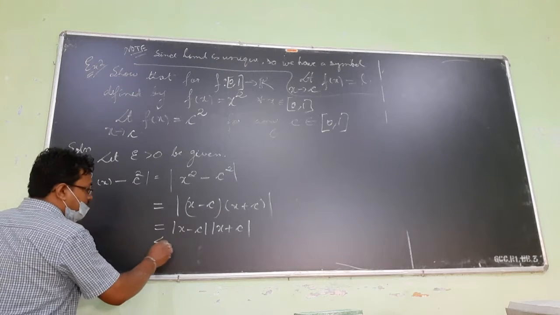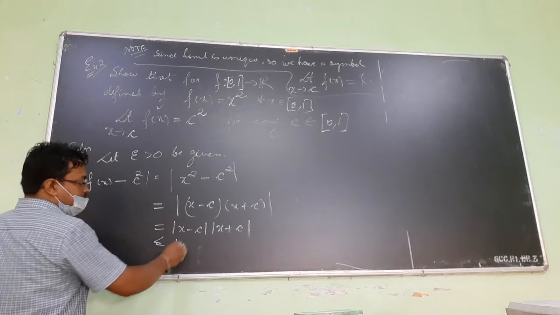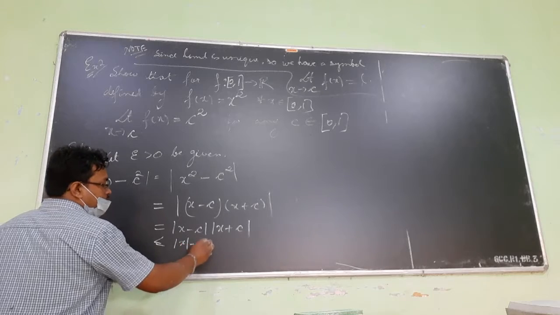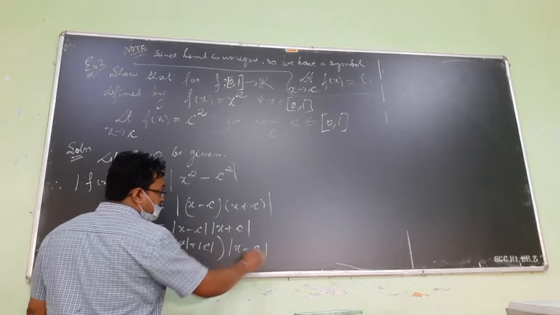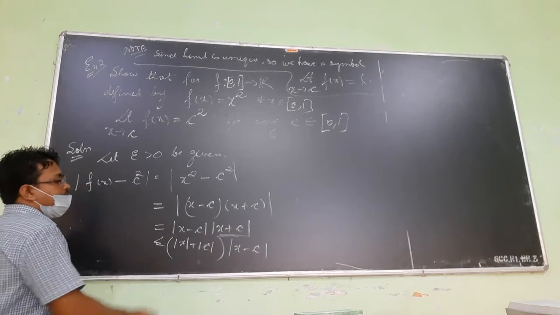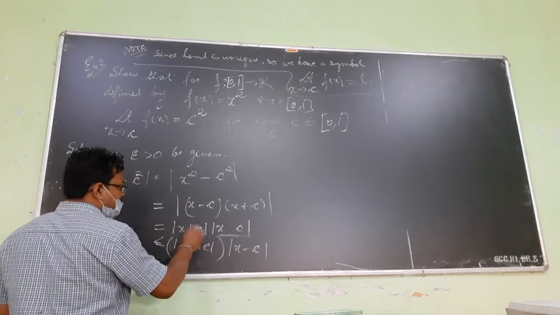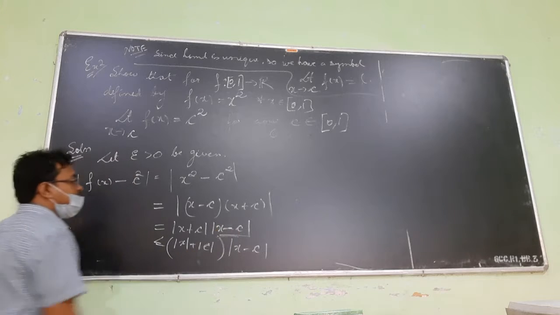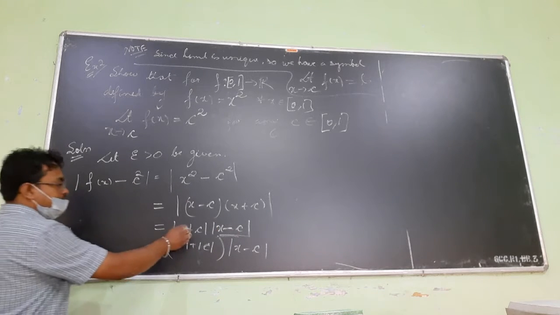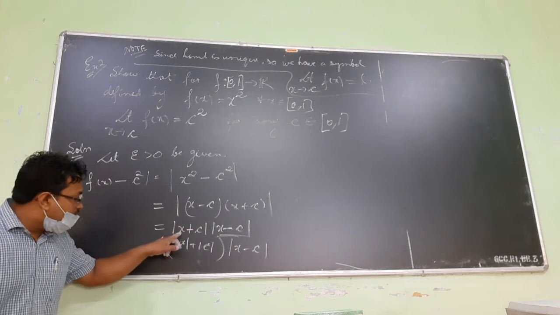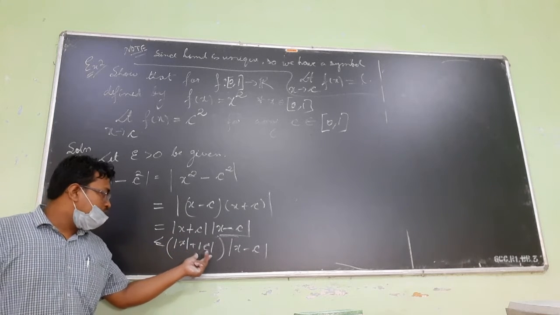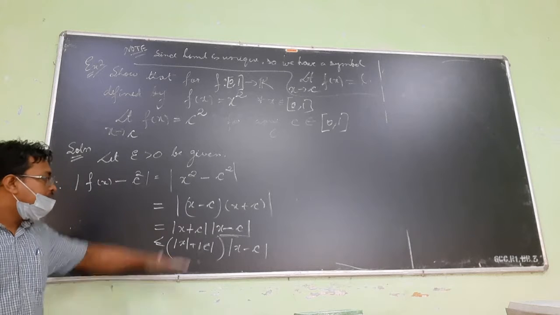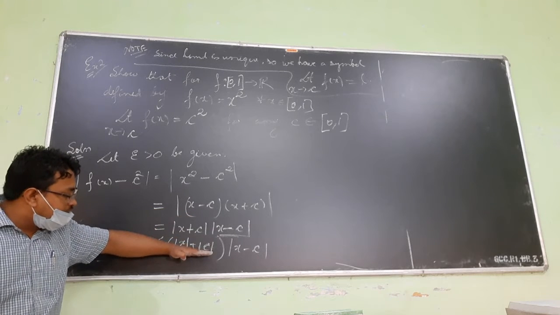This is less than or equal to mod x plus mod c multiplied with mod of x minus c, using the triangle inequality. Instead of mod of x plus c, if we substitute mod x plus mod c, then this quantity is less than or equal to this.